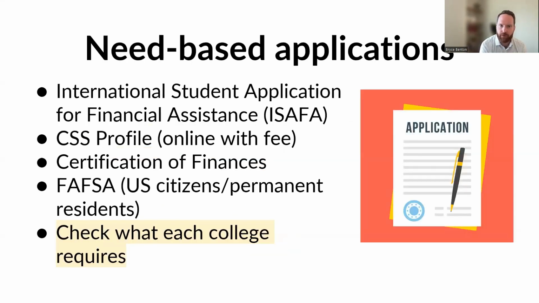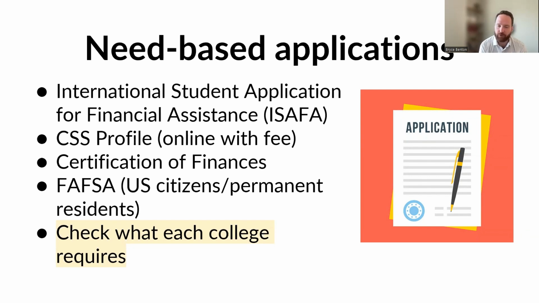All right, so I mentioned that there's a variety of need-based financial aid applications and forms out there that you could submit as an international student applying for financial aid. The most popular are probably the top two. The CSS Profile is administered by the College Board, which is the same organization that administers the SAT, AP courses, and things like that.